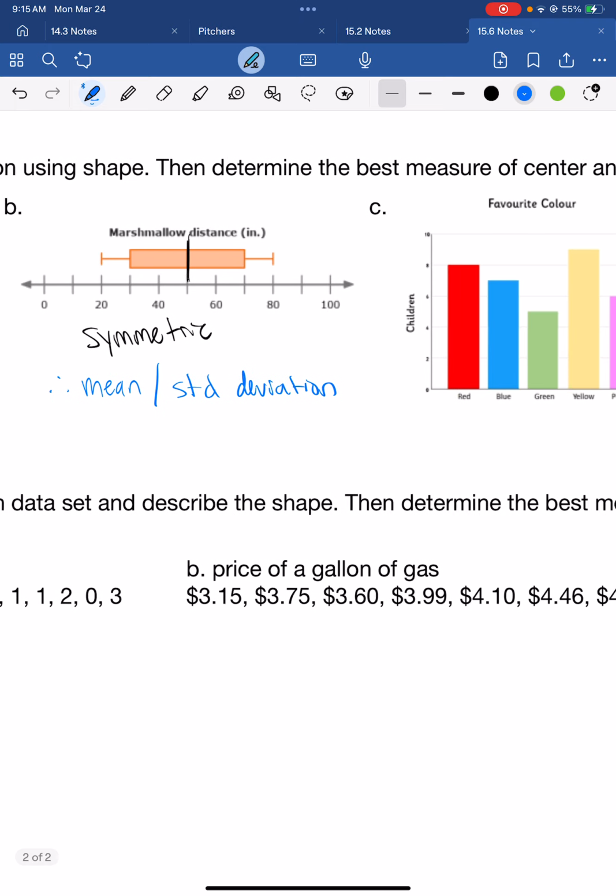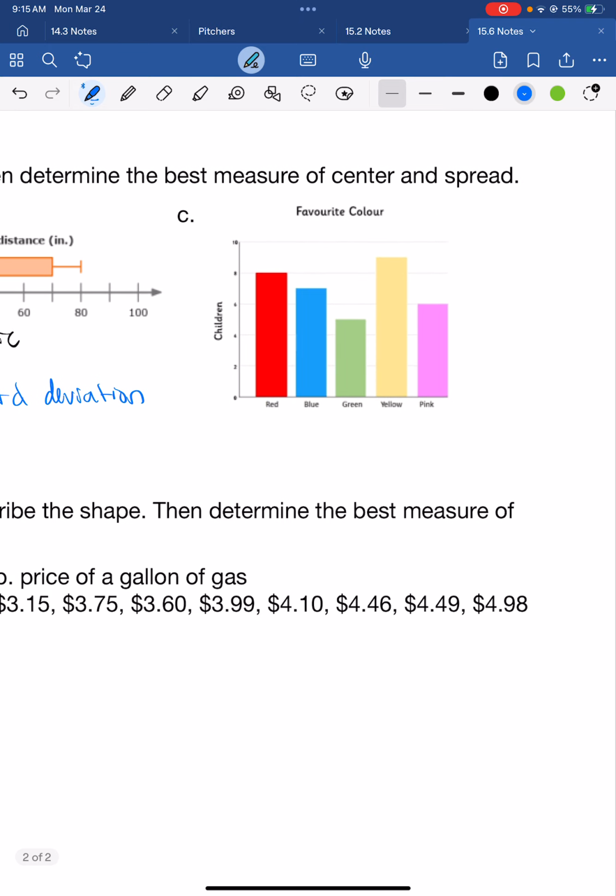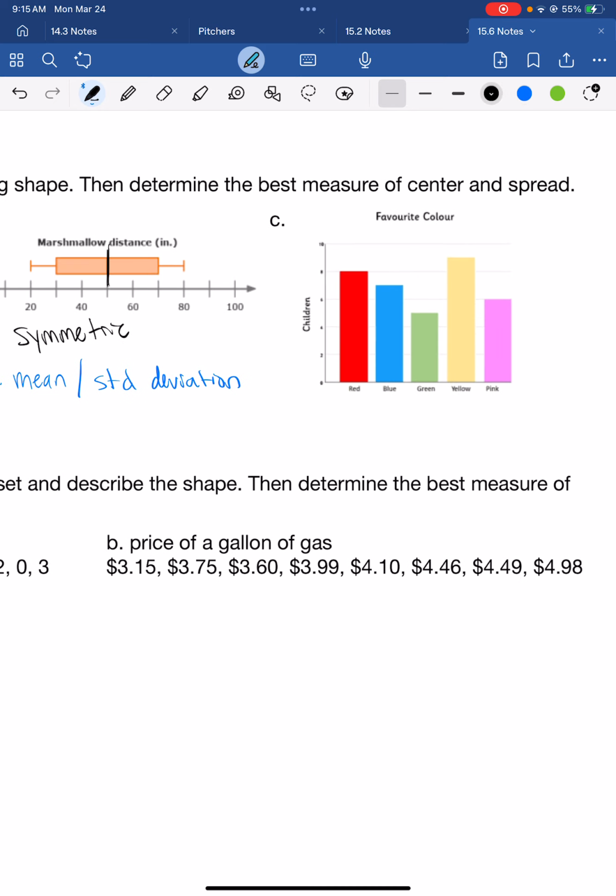All right, let's take a look at this one. Let's look at what we're dealing with. It says favorite color. In this case, this is categorical data. So if it's categorical, then we're not worried about an average or anything like that.